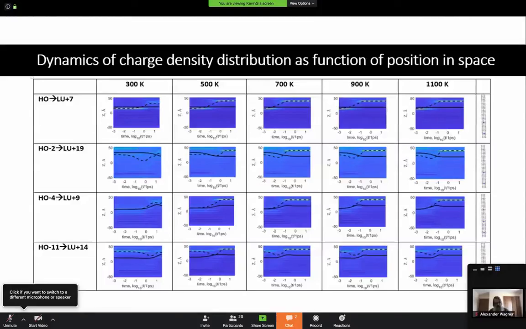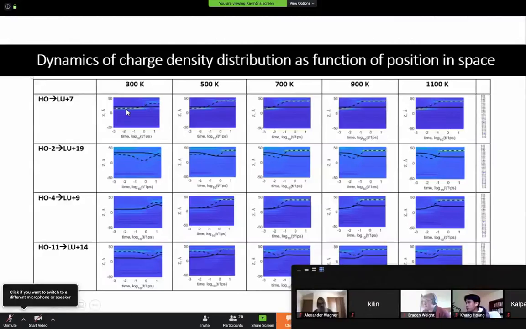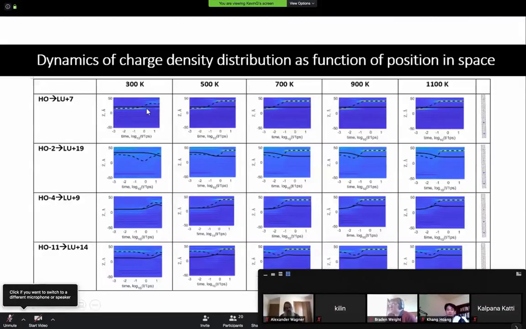Also, if you look at these graphs, the magnitude of the charge transfer increases with temperature. If you look at these 300 Kelvin graphs right here, you see little charge transfer. By the way, the dashed line is my electron, and the solid line is my electron holes.